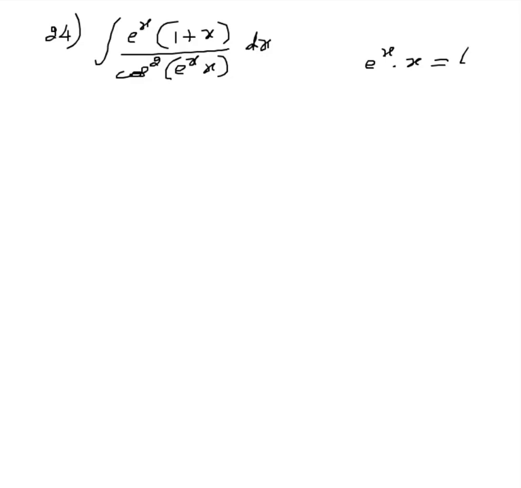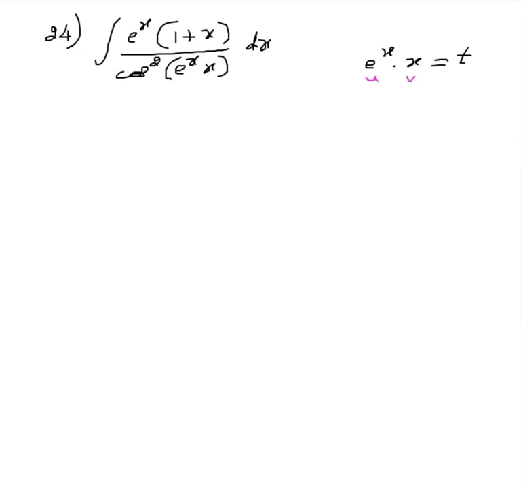Question 24. Integral of e power x into 1 plus x divided by cos square e power x dx. Let us substitute e power x into x as t. We have to use product rule, u and v.